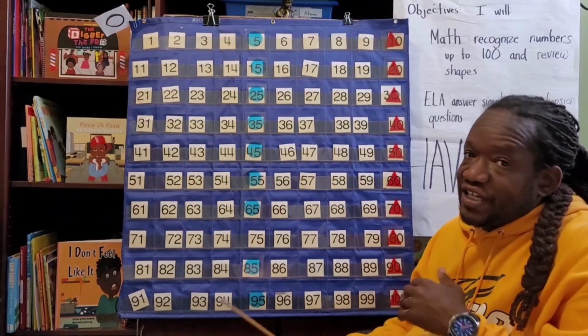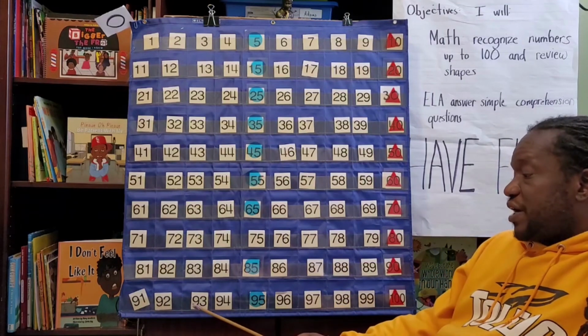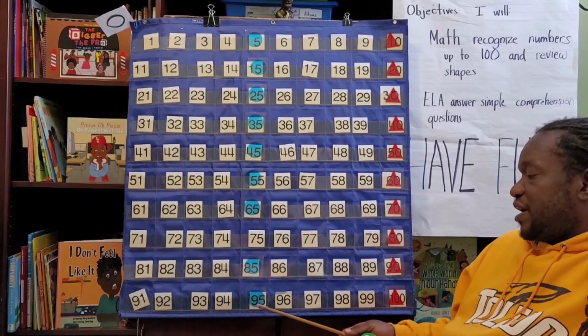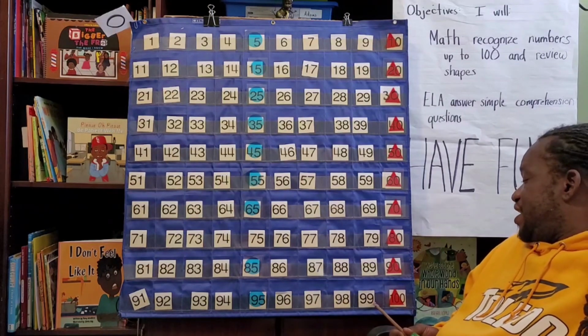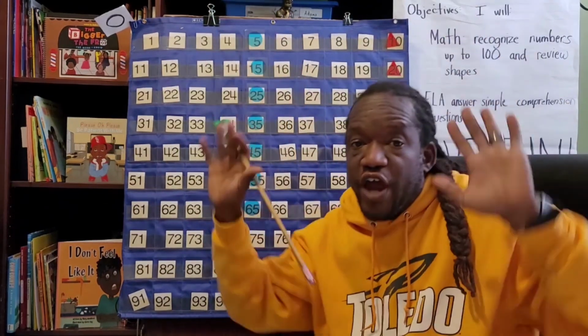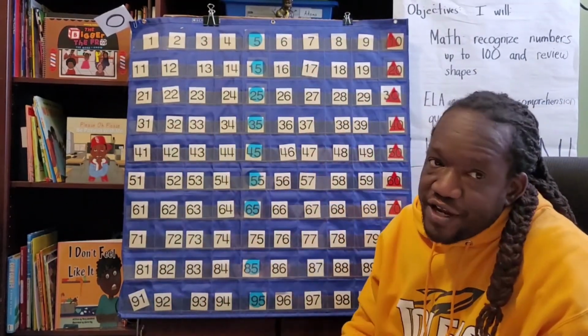Start really low and then get loud when we get to the end. 91, 92, 93, 94, 95, 96, 97, 98, 99, 100. We made it to 100.